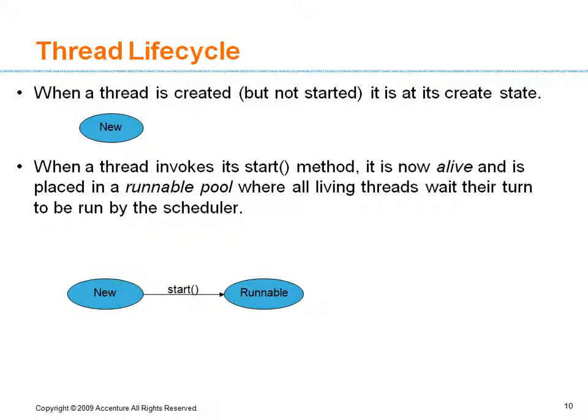When I created an object of Thread but didn't start it, it is in the new state. Once I called the start method on the thread object, it went to the runnable state, meaning it is ready to run. But the CPU will not immediately run it. Runnable means ready to run.